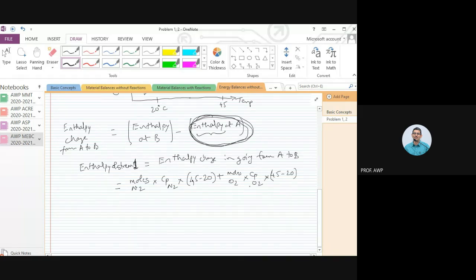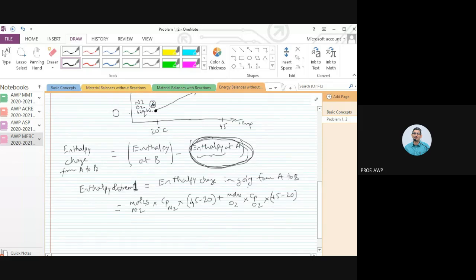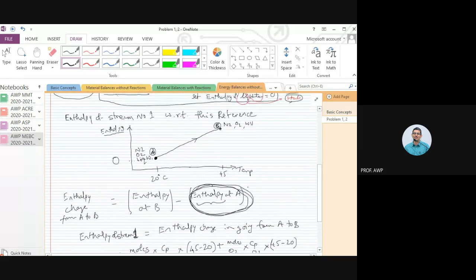But there is a third component in stream number 1, water vapor. In state A, I have liquid water. In state B, I have water vapor. So I could take liquid water, heat it up to 45 degrees centigrade, and then vaporize that liquid water.